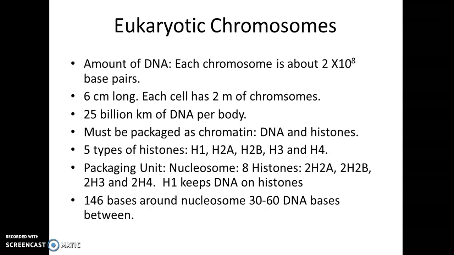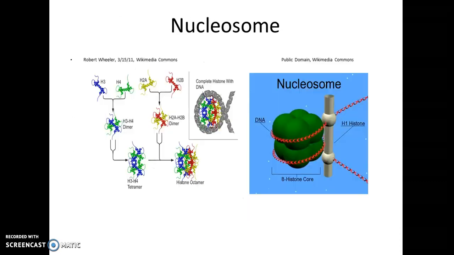All together they form one ball that DNA wraps around. You might be asking yourself, where's H1? It's attached from nucleosome to nucleosome on top, and it keeps everything nice and stable. There are 146 bases around each nucleosome and 30 to 60 DNA bases between the nucleosomes. And this makes up chromatin, and this is how our chromosomes are packaged.